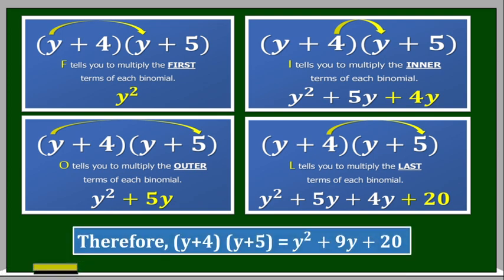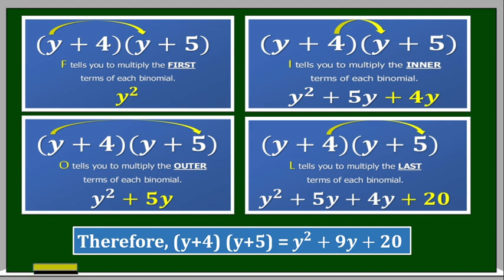Therefore, the product of y plus 4 and y plus 5 is equal to y squared plus 9y plus 20.